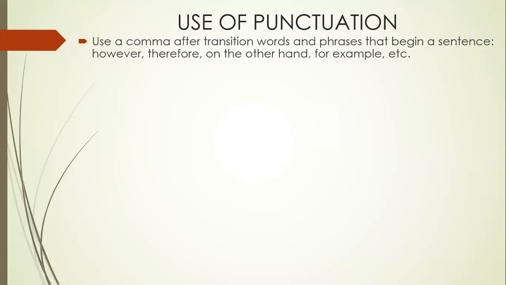Use a comma after transition words and phrases that begin a sentence: however, therefore, on the other hand, for example, consequently. If your sentence begins with a transition device, then make sure you mark a comma after it. But if after it there is a conjunction, then there is no need to apply a comma.